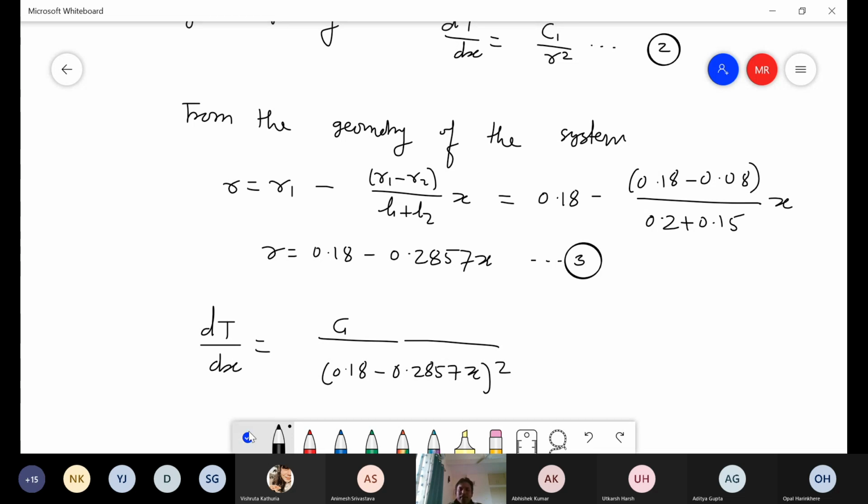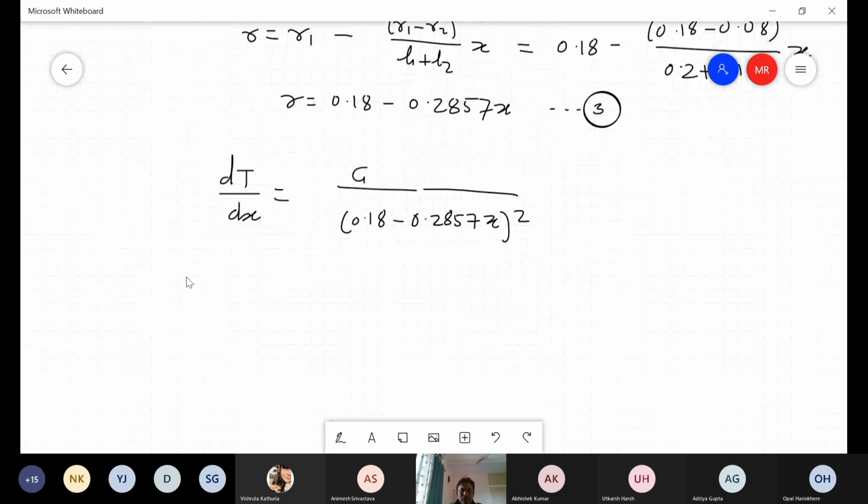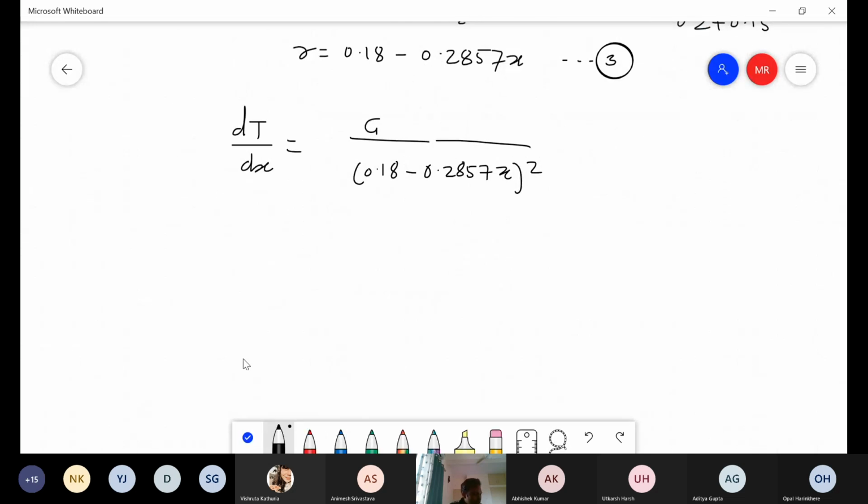By integrating this equation, what we get is, so we can integrate this equation for block 1 and block 2. So I am just writing down for block 1.